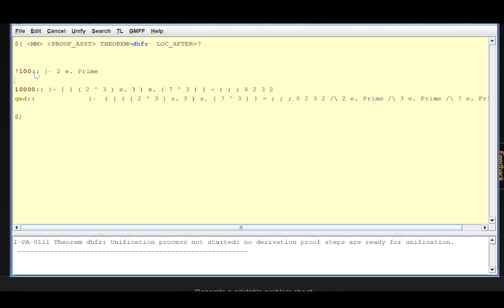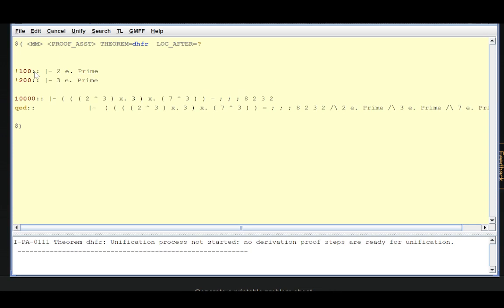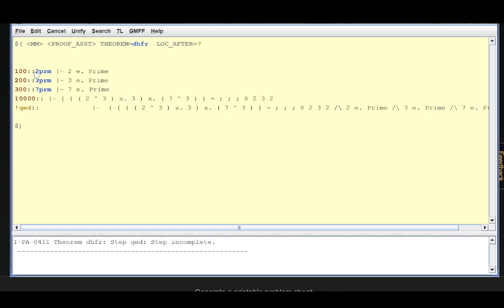And then exclamation mark 200, 3 e dot prime. And the next one is 300, 7 e dot prime. And they'll all be in the database, I think, pretty simply. And then if we knew all those, that's just going to be some simple logical thing, right? How is that not possibly unifying?